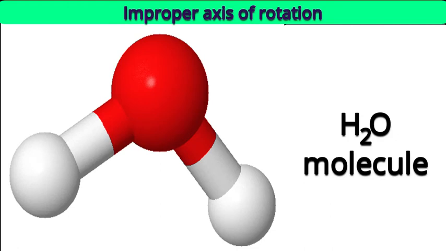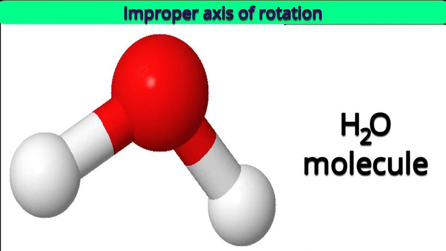Whichever molecule it may be, if there is a plane of symmetry, S1 as an element of symmetry may be possible, but we will not consider it in order to avoid repetition and to give the first right to the plane of symmetry. Are you getting it? So for other molecules, wherever a plane is there, I will not talk about S1.